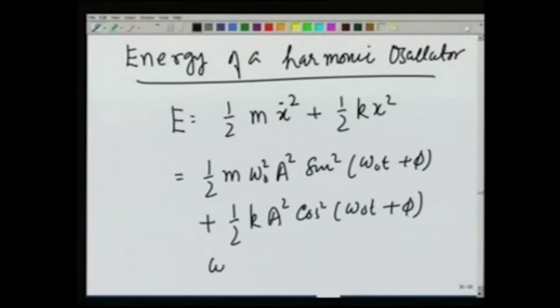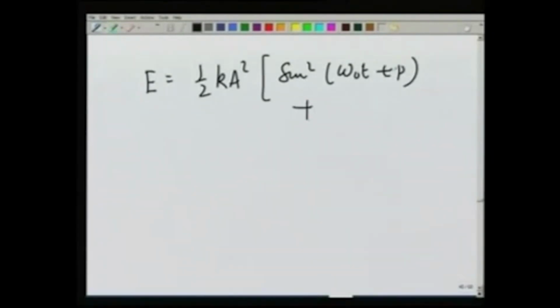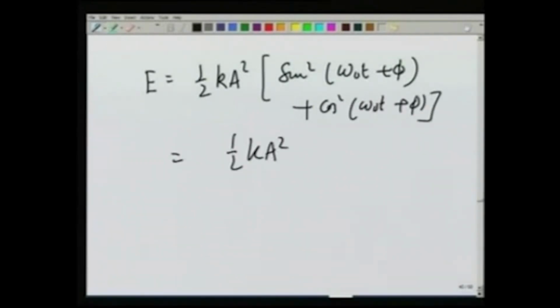However, omega 0 square is equal to k over m, and therefore when I substitute and add it up, I get E is equal to 1/2 k a square times sine square of omega 0 t plus phi plus cosine square of omega 0 t plus phi, which is 1/2 k a square.